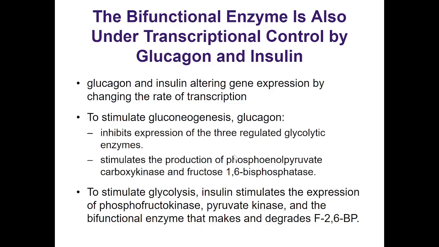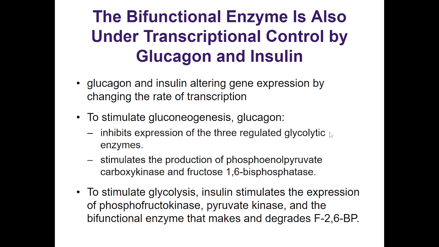No? So glucagon and insulin are also going to be used to alter gene expression by changing the rate of transcription. To stimulate gluconeogenesis, glucagon is actually going to inhibit the expression of 3 regulated glycolytic enzymes.